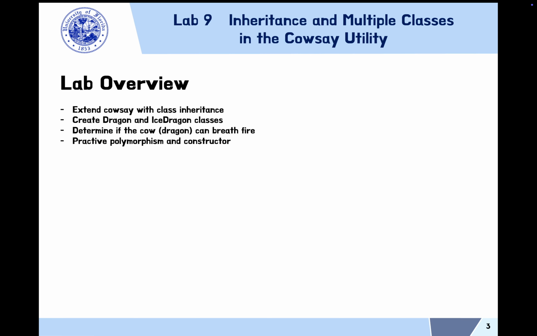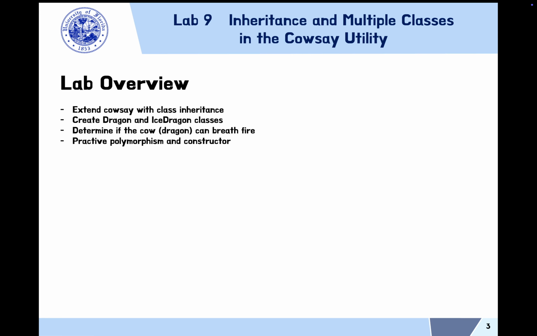The main objective of Lab 9 was to reinforce our understanding of class inheritance in Python by modifying and extending an existing program. We worked with the Cowsay utility, a text-based program that prints a message alongside ASCII art cows.